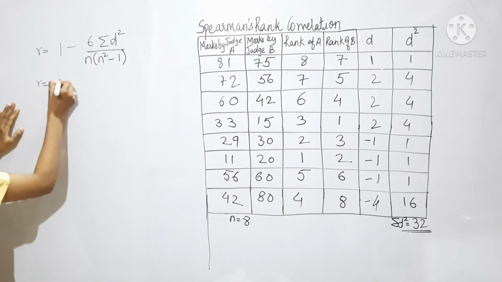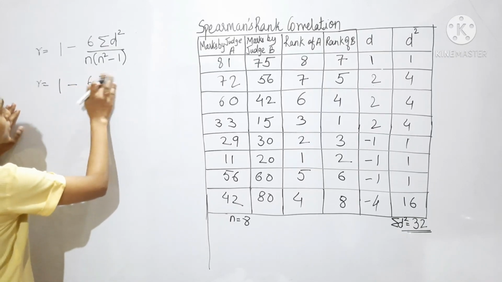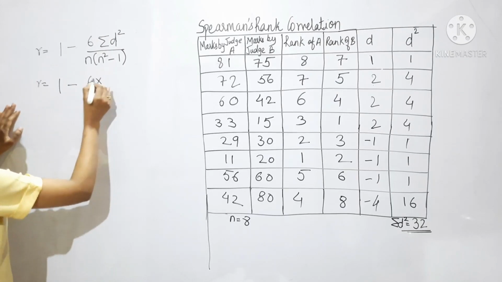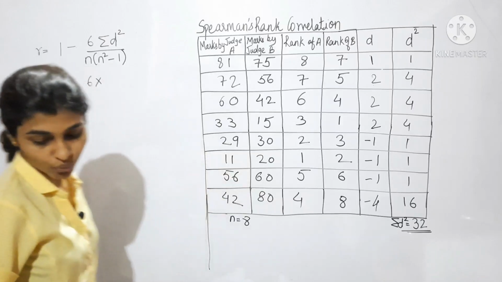So r is equal to 1 as it is, minus 6 summation of d square. Summation of d square we have got is 32.